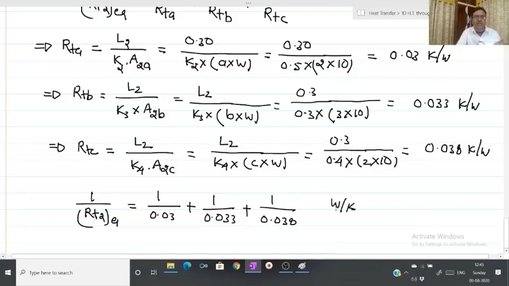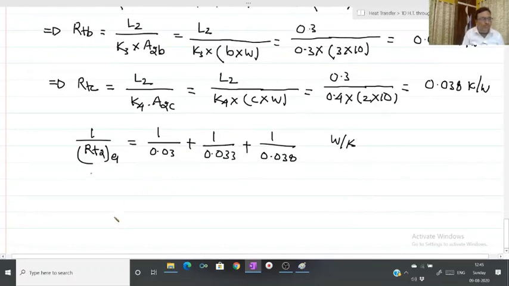Mind well, the unit of 1 upon RT2 equivalent will be watt per Kelvin.